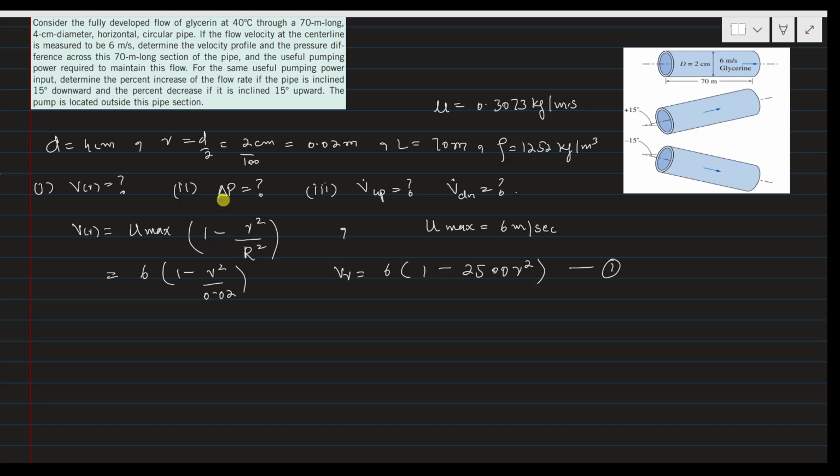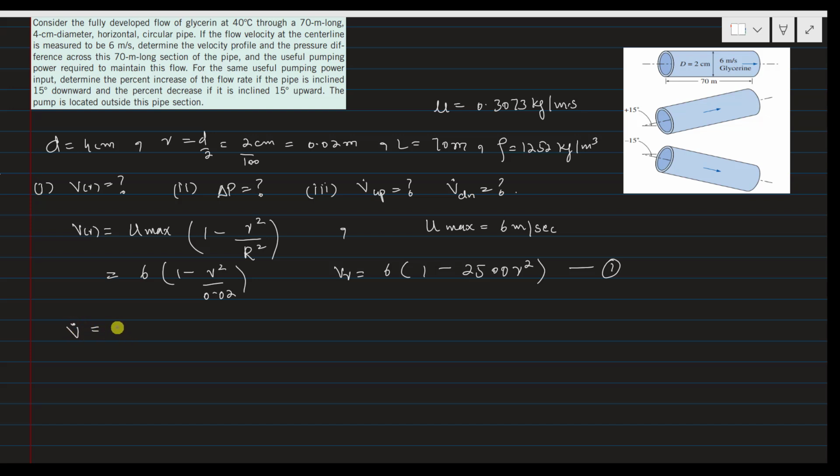Okay, next is to find the pressure difference of this horizontal section of pipe. In order to find this pressure difference, first we need to find the volume flow rate. What is volume flow rate?